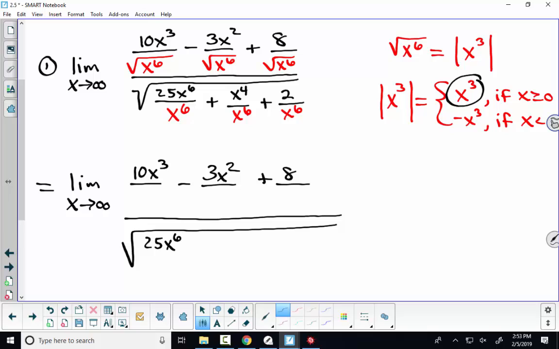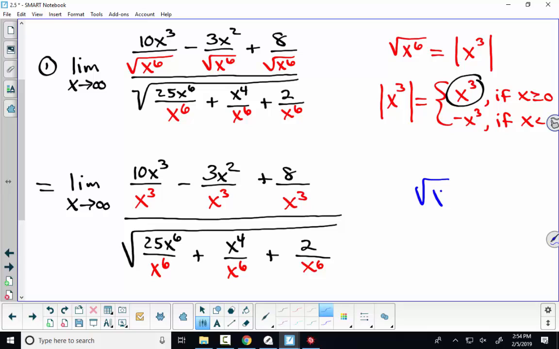So just rewrite what we have. And honestly, not all of these steps are necessary. Just kind of utilizing this to show you what's happening. So I'll put this over here again as a reminder.